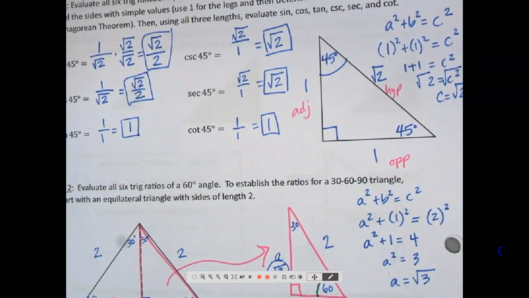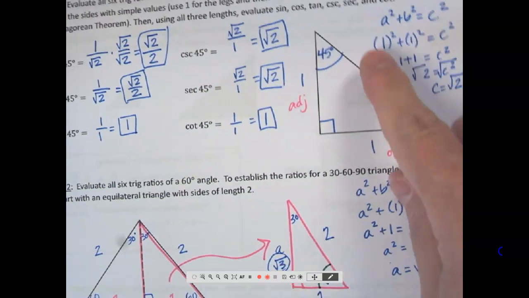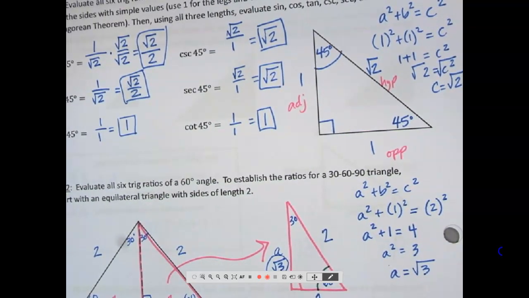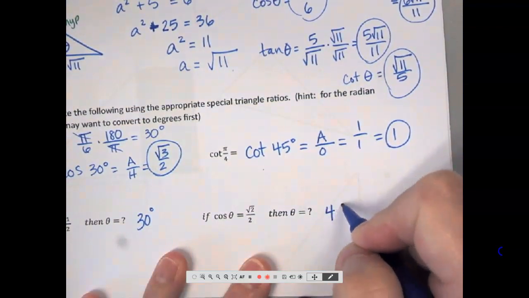We find cosine by looking at what over what? Adjacent over hypotenuse. Which angle has adjacent over hypotenuse square root of 2 over 2? 45. But wait a minute, it's 1 over square root of 2. But if you rationalize it, it becomes square root of 2 over 2. So my angle was 45 degrees.